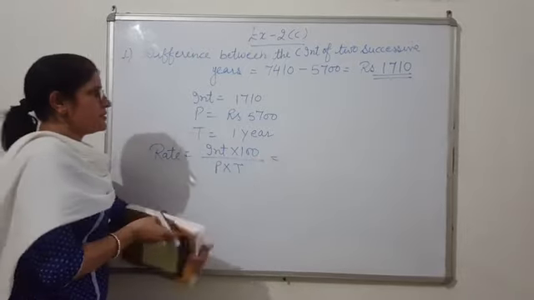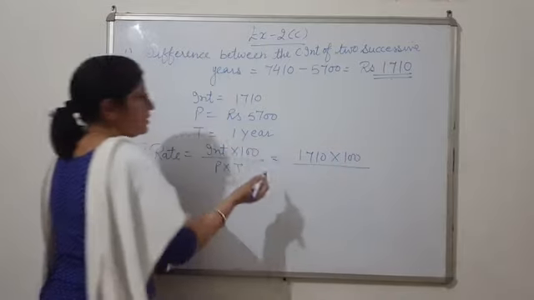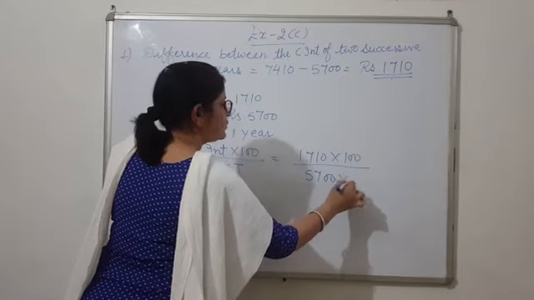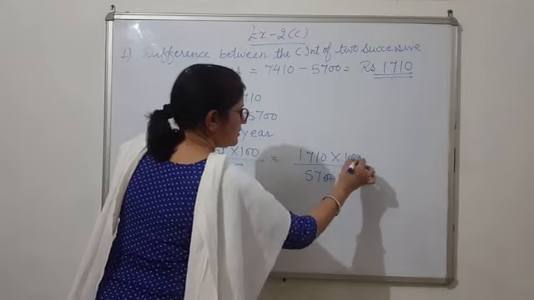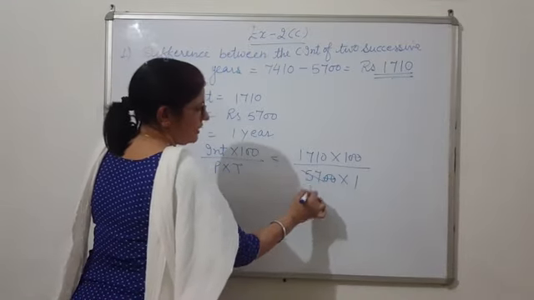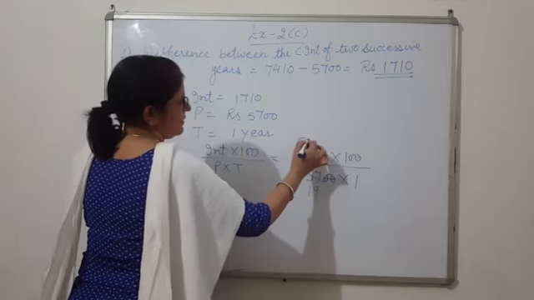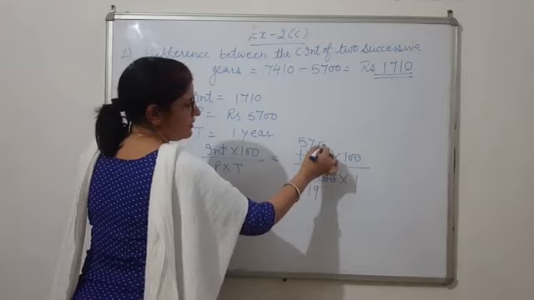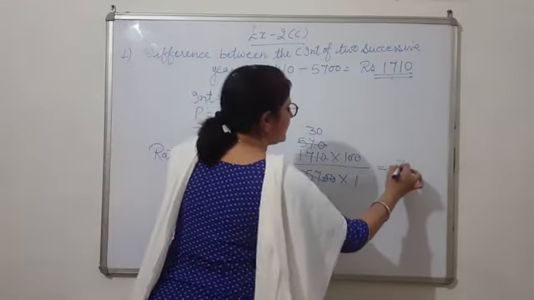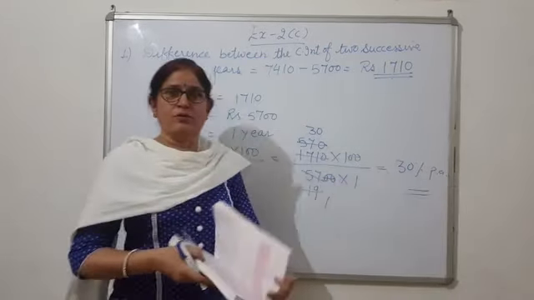So what is the interest? 1710 into 100 upon principal is 5,700, time is 1. Here zeros are cancelled. 3 ones are 3, 3 nines are 27, 3 fives are 15, 3 sevens are 21 and 0, 19 ones are 19, and here we get 30% rate of interest. So this only we have to find.